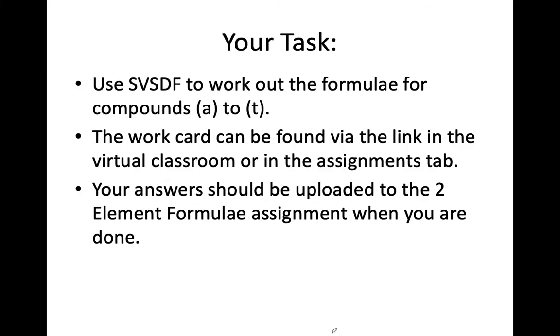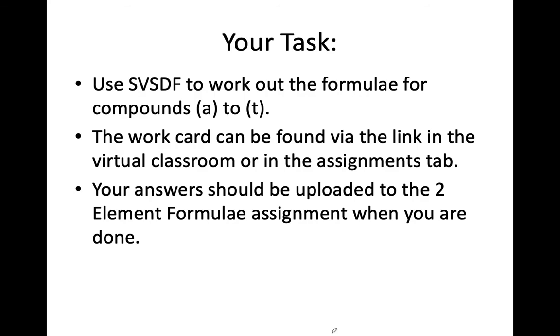So now that you have seen examples of how to do that, I'm going to ask you guys to use SVSDF to work out the formula for compounds A to T. Now these are on a work card that can be found via the link in your virtual classroom or under the assignments tab.